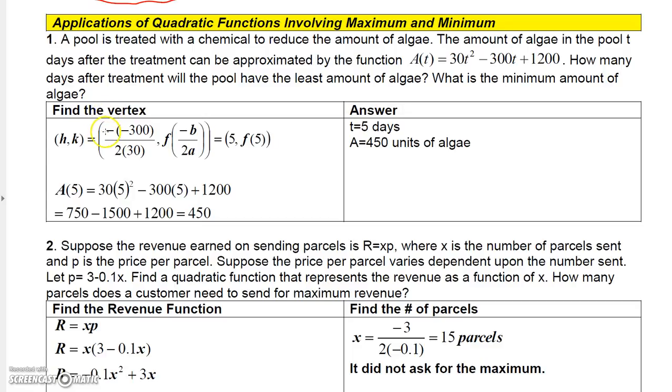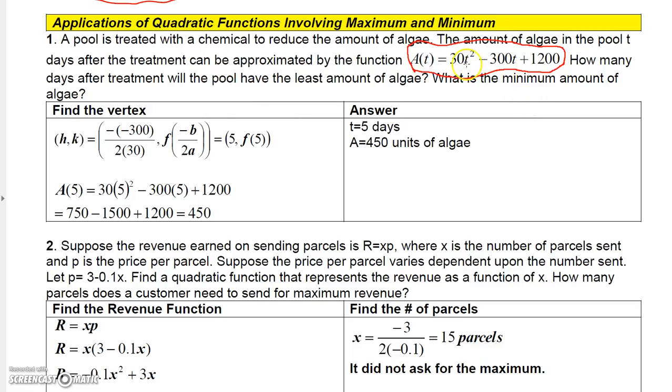On this problem, we're given a function here for the amount of algae in a pool based on the number of days since the pool has been treated. Well, this is a parabola, and this parabola opens upward, and so it must have a minimum. So basically they want us to find when we'll get that minimum.